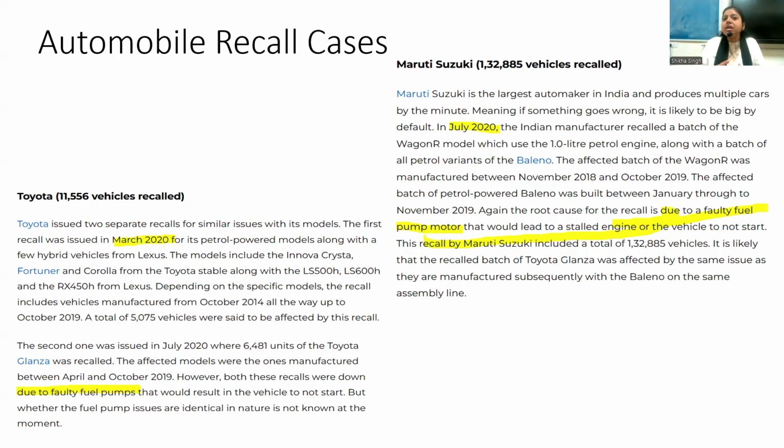That is the reason why the systems approach is becoming very, very important. Otherwise, it may create fatal effects on society, the users, or the organizations. It takes a lot of money to rectify the errors, right?